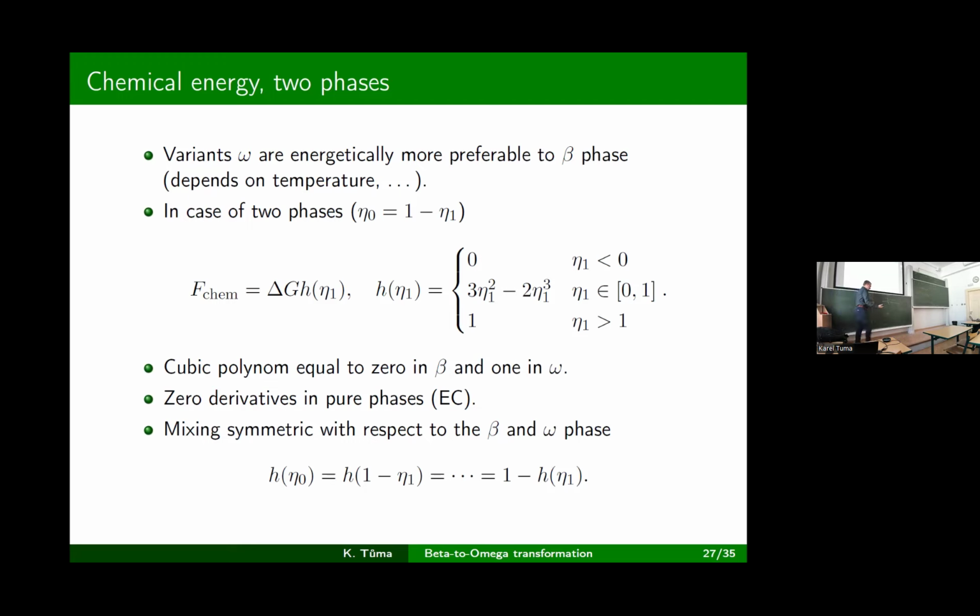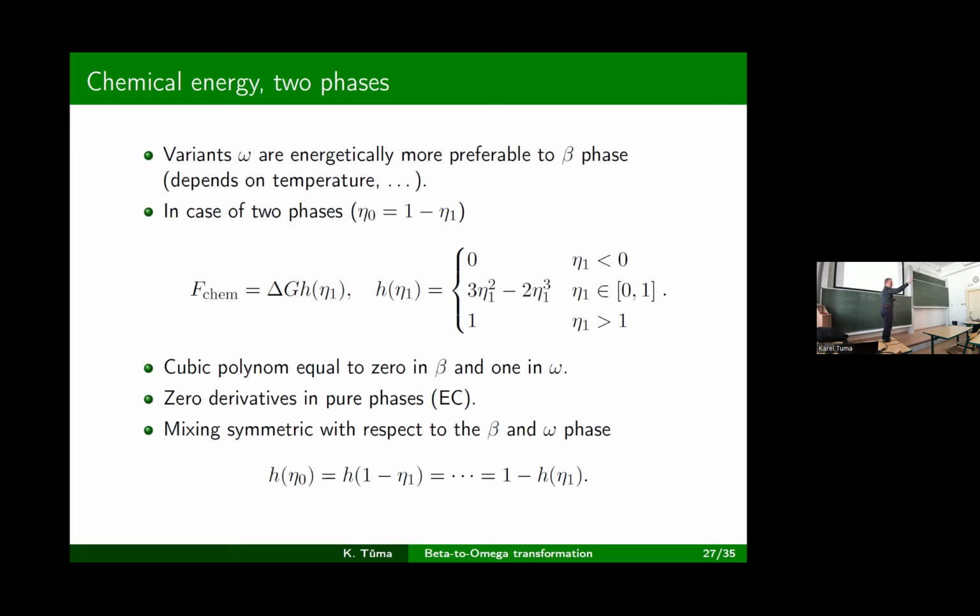If eta 1 is equal to 1, we are in the omega phase, it is equal to 1, and we want that the derivatives in the pure phases beta and omega are 0, which for two phases is the evolution consistency.